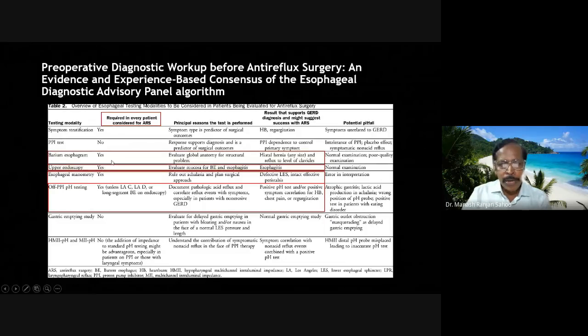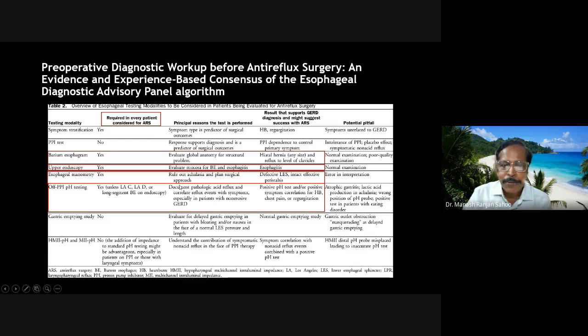So how does the barium esophagogram help us? It helps in evaluating the global anatomy of the structural problem. Esophagogastroduodenoscopy evaluates the mucosa for Barrett's esophagus and esophagitis. Esophageal manometry rules out achalasia, and you can plan your surgical approach very comfortably.